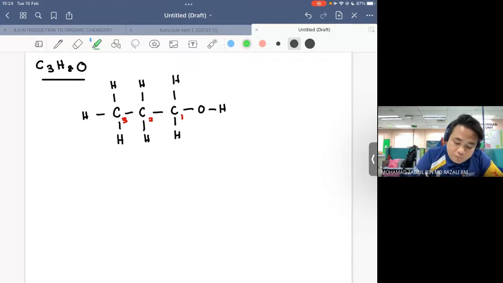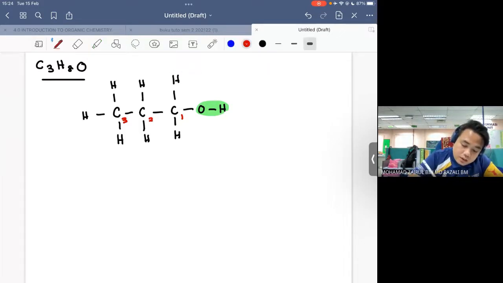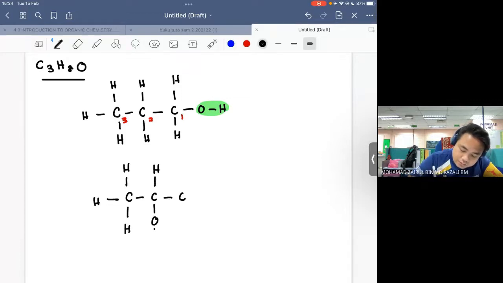So right now our functional group is hydroxyl. So initially the hydroxyl is located at carbon number 1. So in order to create a positional isomer, so let's change the position to the carbon number 2, to the middle carbon. So kalau kita buat balik, kita lukis balik C. So H, okay, OH.